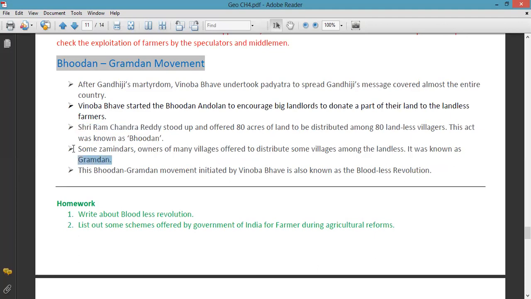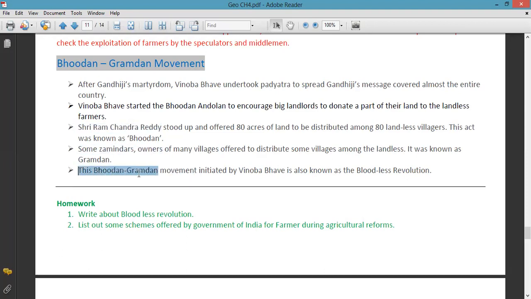Gramdan means some other zamindars or owners of many villages gave their land to landless villagers. Here it is not about the exact amount of land given up.